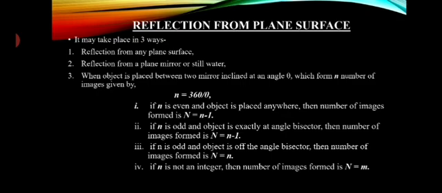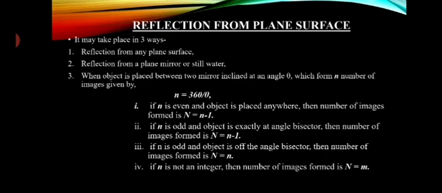Whereas if small n is odd and the object is not placed at the angle bisector but anywhere else, then the number of images formed will be capital N equal to small n, that is 360 by theta. Now, what if n is not an integer?